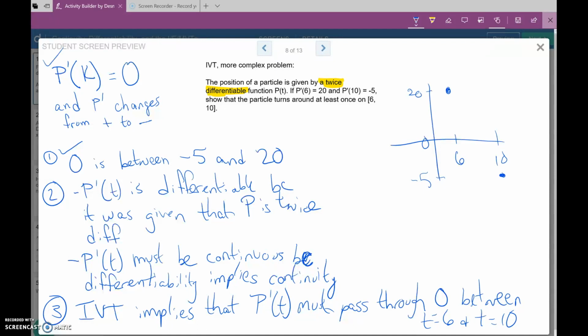So p prime passes through 0 in between 6 and 10. That means the particle, the position function, has a turning point somewhere between 6 and 10. Okay.